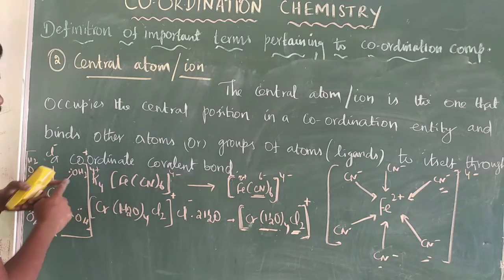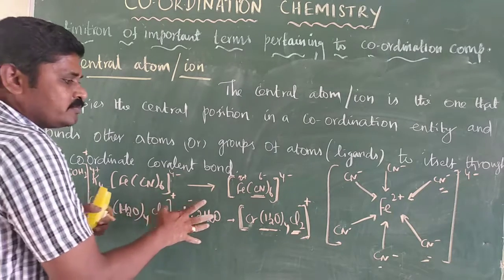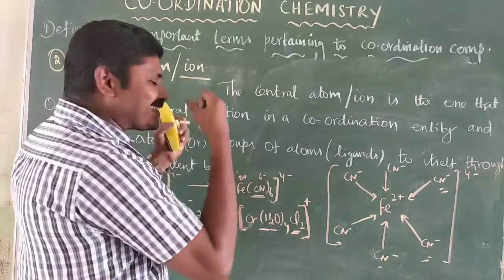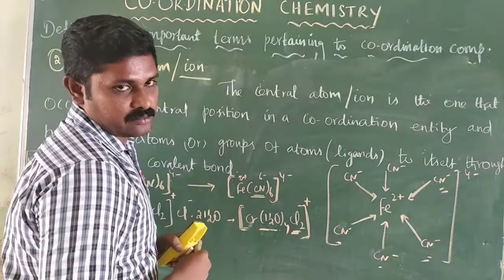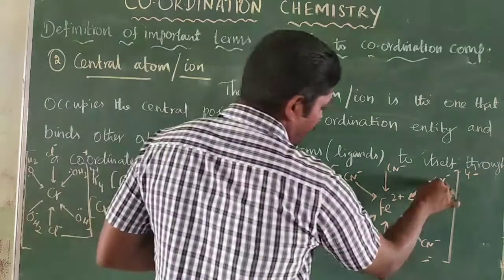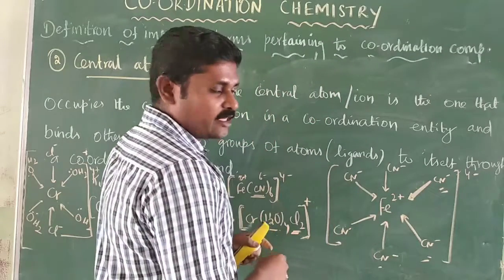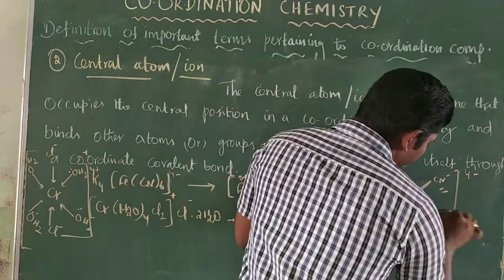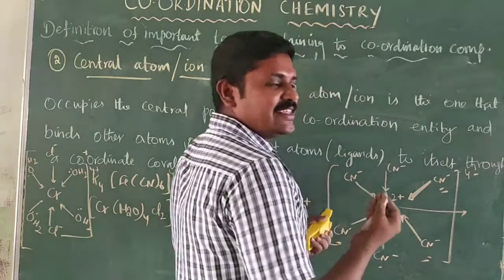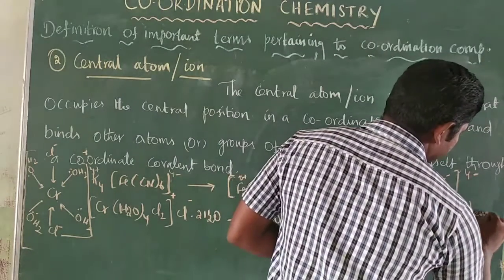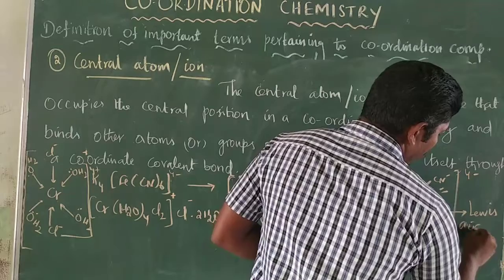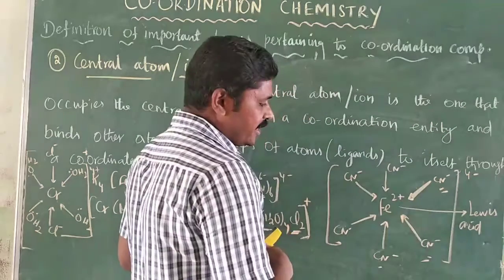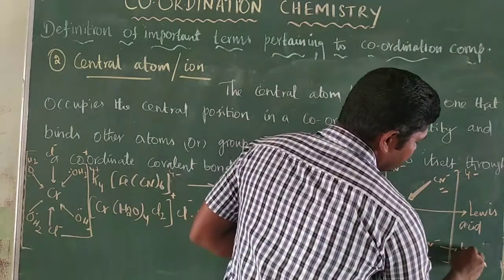So the central metal atom has the ability to accept an electron pair, so the central metal ion is called a Lewis acid.